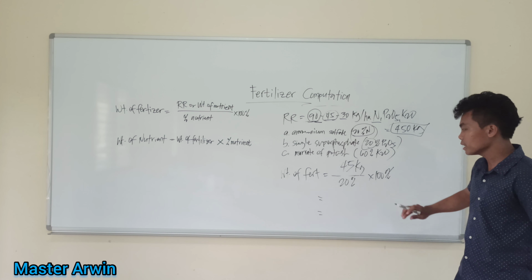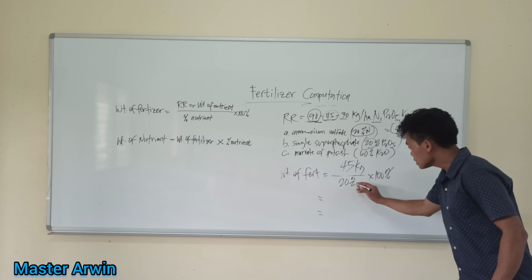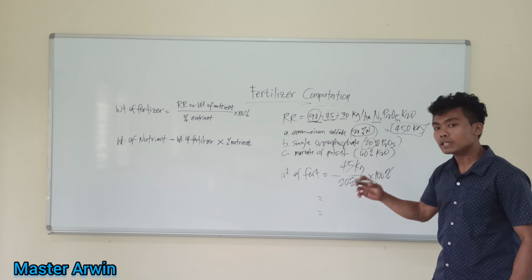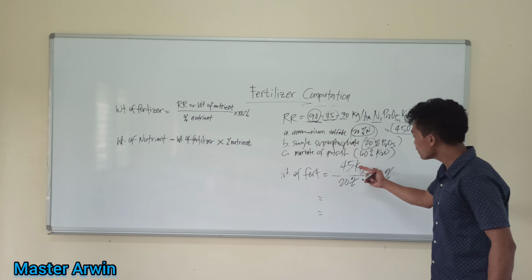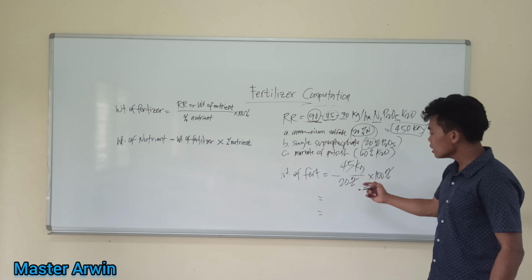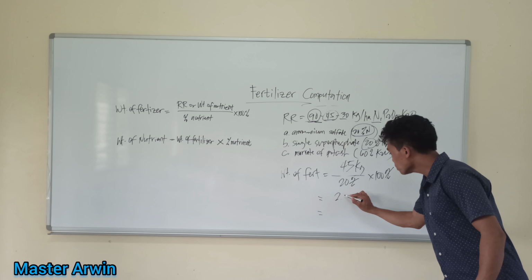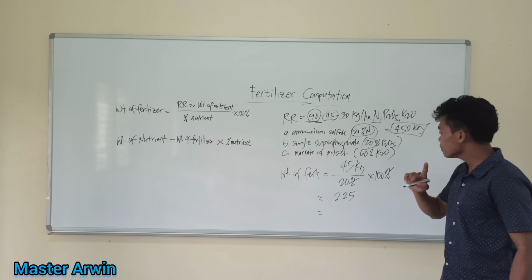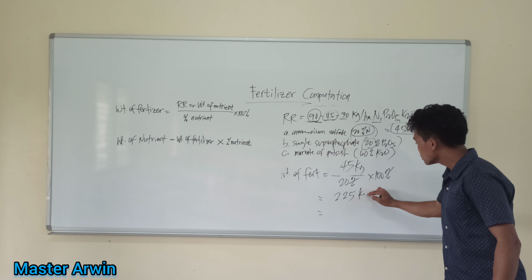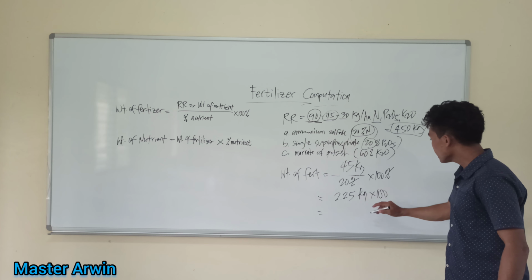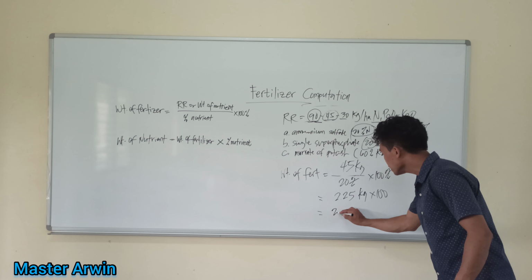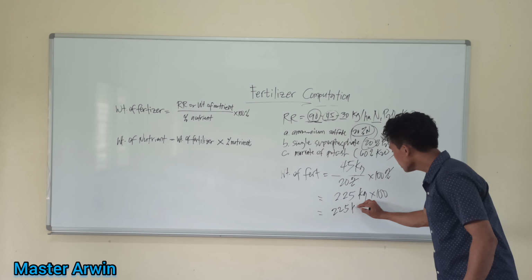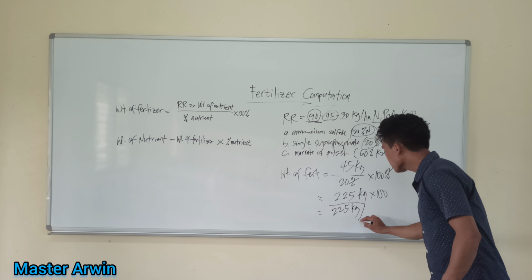Times 100%. Cancel percent. So the kilogram will be the remaining unit. So 45 divided by 20, that would be 2.25 kilograms times 100. 2.25 kilograms times 100, that would be 225 kilograms.